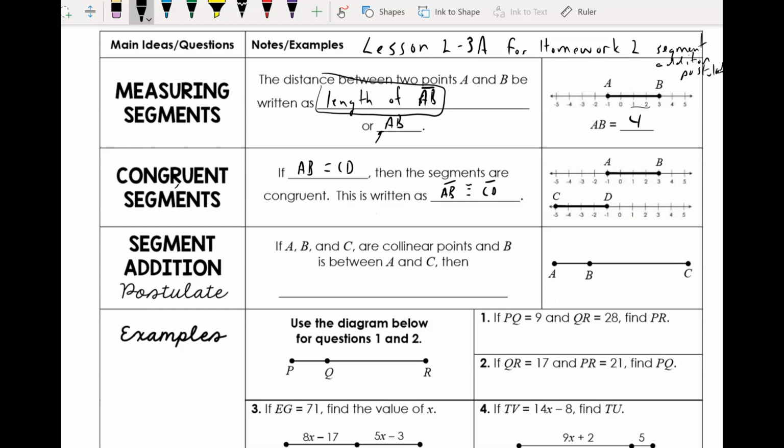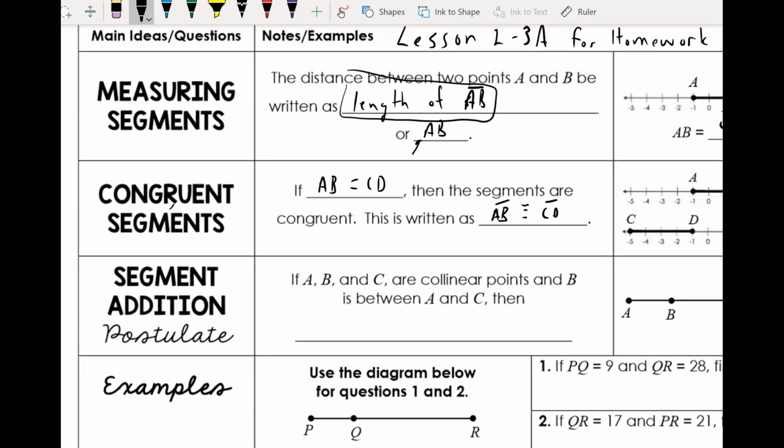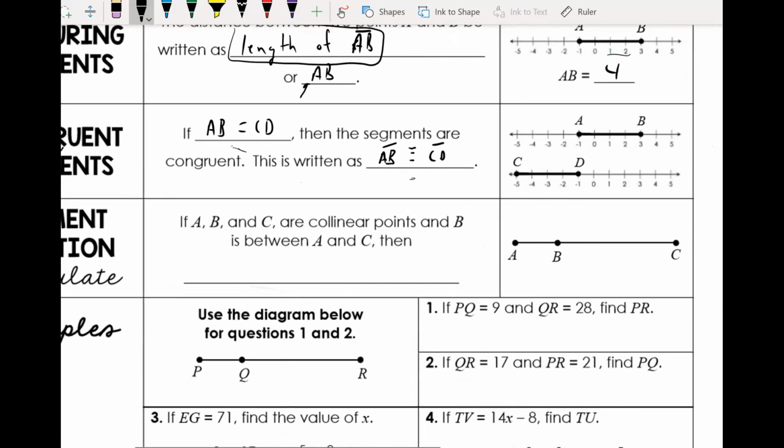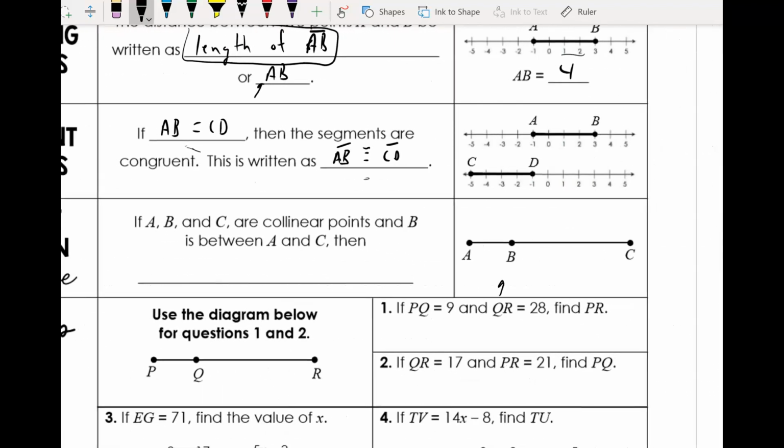But you'll understand as we move along and we have other shapes that are much more complicated than segments, and we say that they're congruent, it makes a little bit more sense. If two segments are the same exact shape and they're congruent, then they have the same length. And it works both ways. If two segments have the same length, they're the same exact shape. They're congruent. You can lay one on top of the other. That's simple.